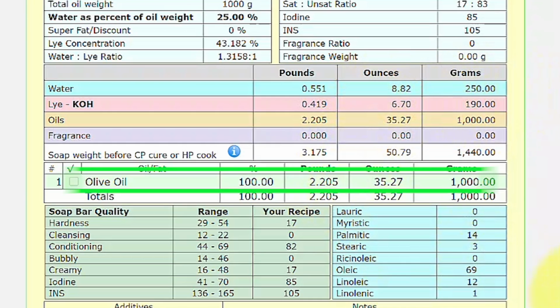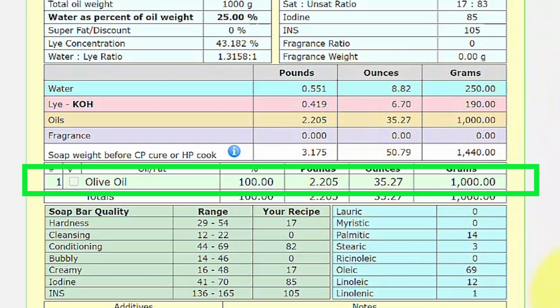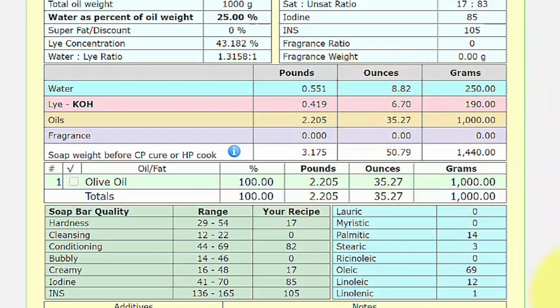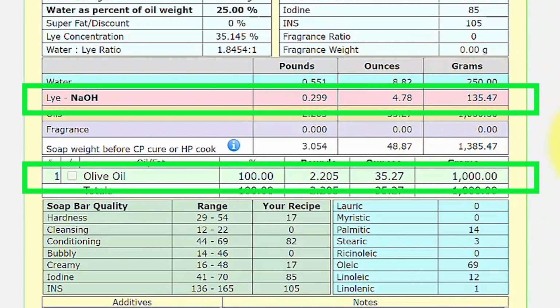It's a really basic, single olive oil soap, 1,000 grams of olive oil. You can see when we make it using potassium hydroxide, we need 190 grams of potassium hydroxide. If we now compare that with using sodium hydroxide, we only need 135 grams of lye.